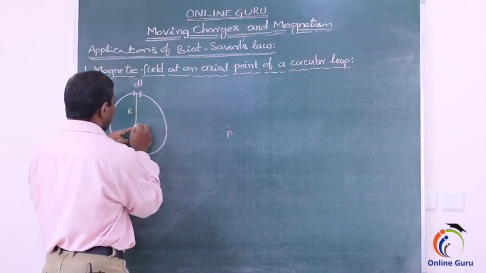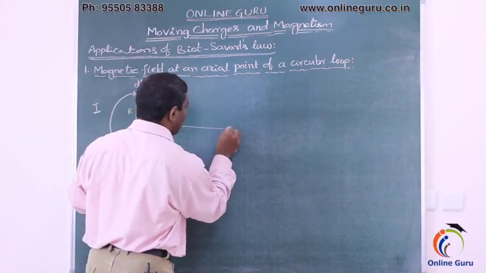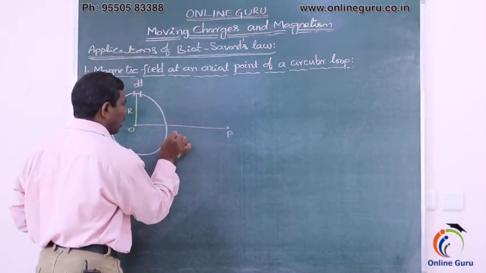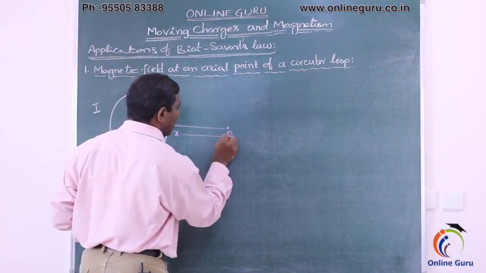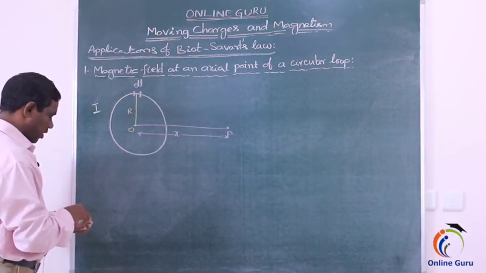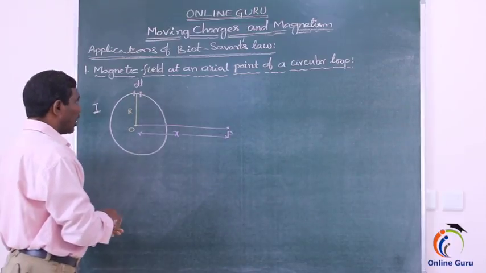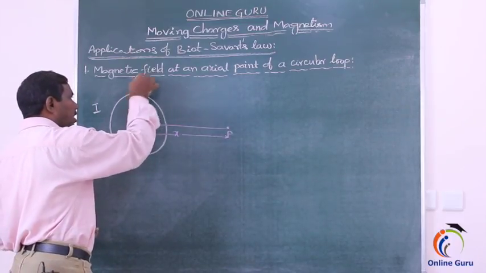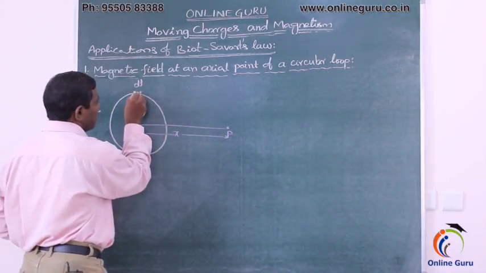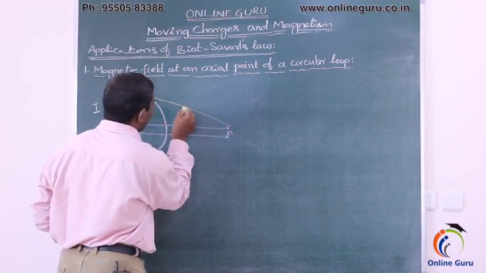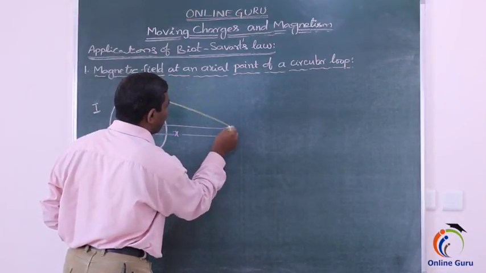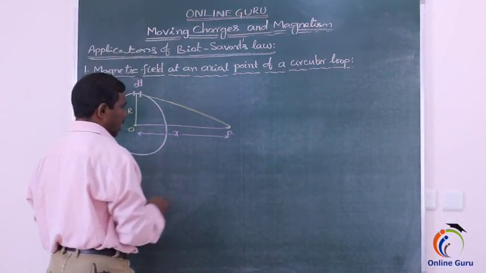The distance from the center of the circular loop to the point P, where we determine the magnetic induction, is represented by x. Then we draw the line joining the current element and the point where we determine the magnetic induction, like this. This is the line joining the current element and the point of magnetic induction.